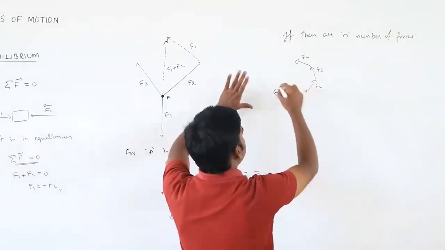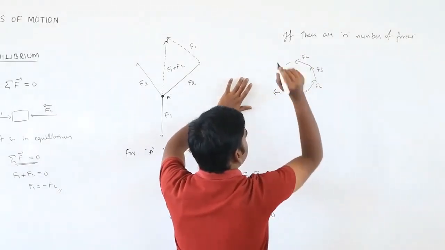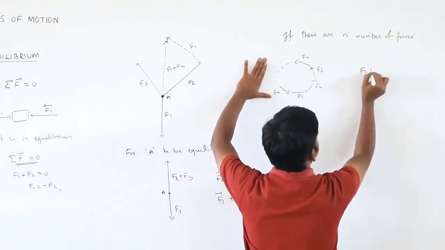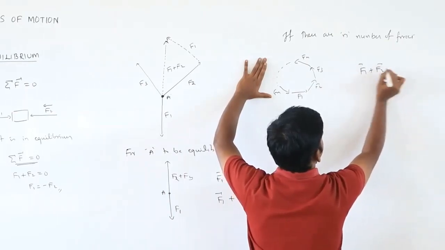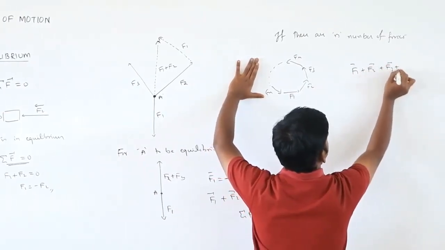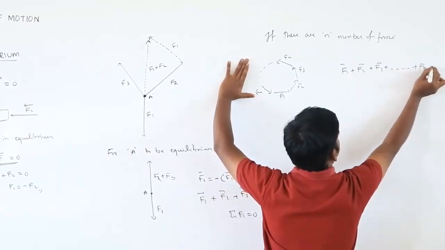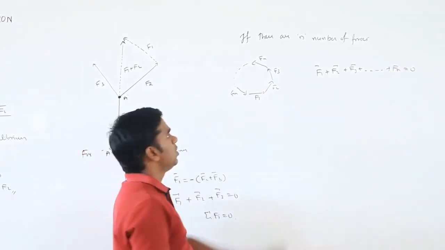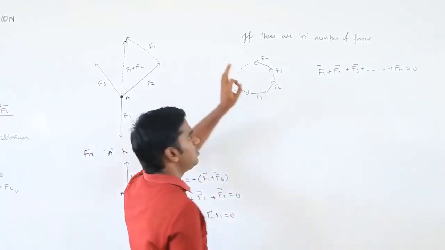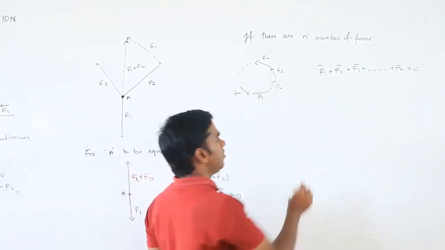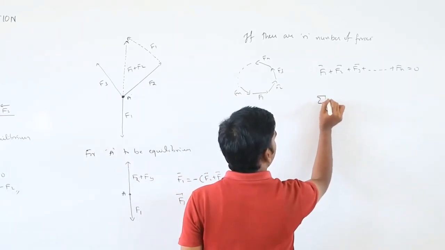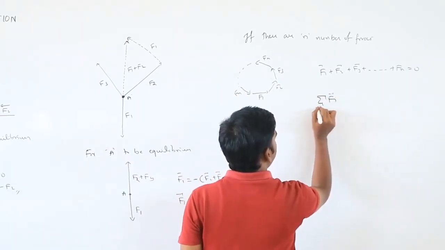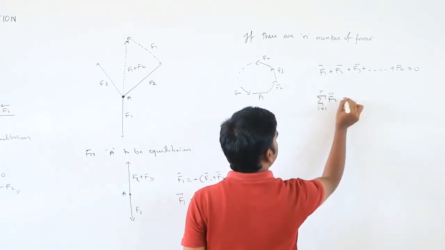If there are n number of forces, then also you can write it as F1 plus F2 plus F3 plus so on plus Fn equals 0. That means the sum of all the forces should be 0 if you want a body to be in equilibrium. So you can write summation of Fi, with i from 1 to n, equals 0.